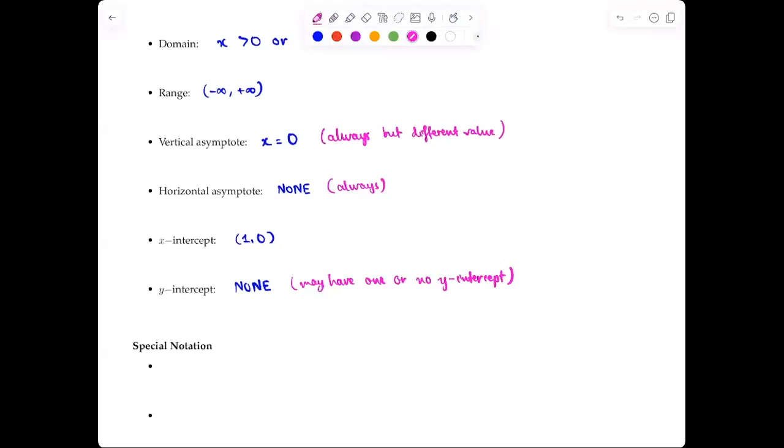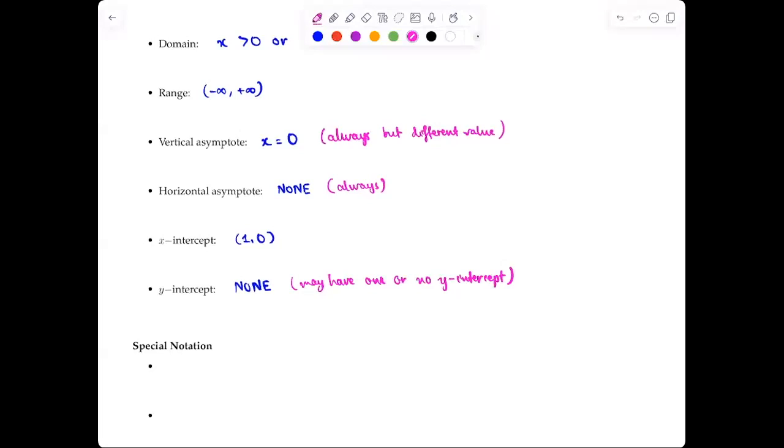You will see that there are two special notations that I want to point out to you. The first one is the ln notation, and another one is log base 10. On some calculators, you have just log, which indicates log of base 10.